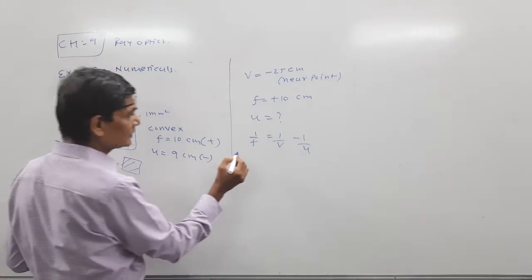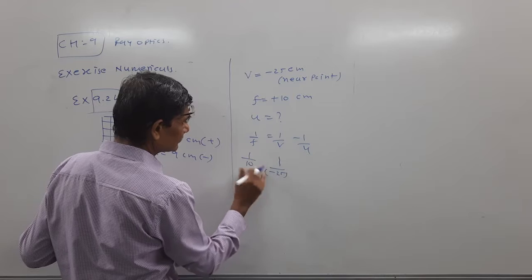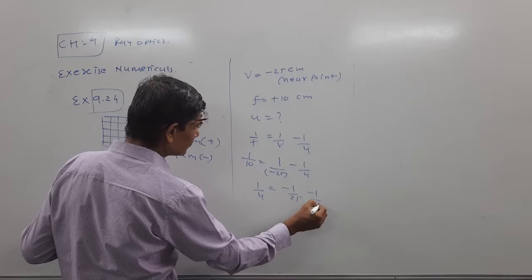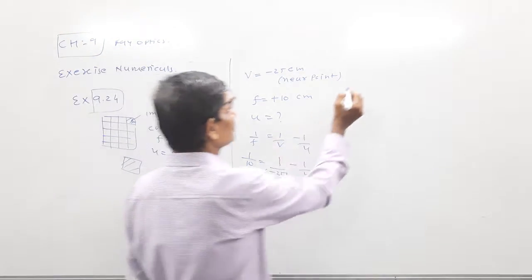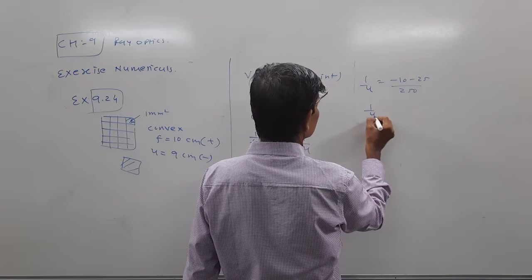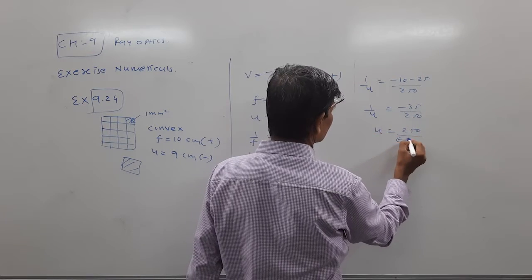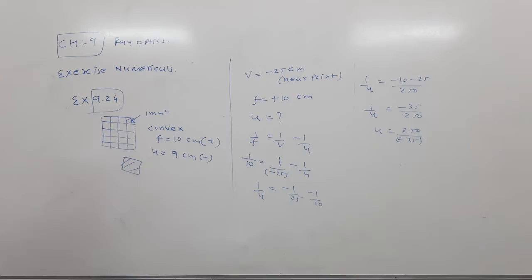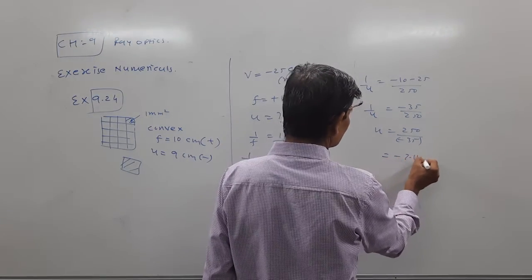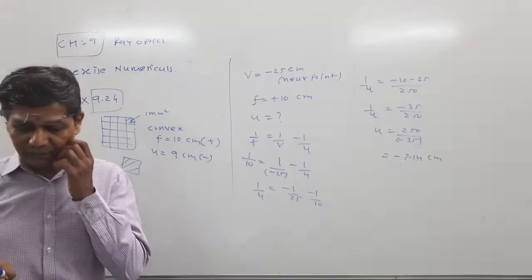The focal length is 10 centimeter, v is minus 25, so 1 upon u will be as follows. If we simplify, that turns out to be minus 7.14 centimeter. This is the object distance for the maximum magnification.